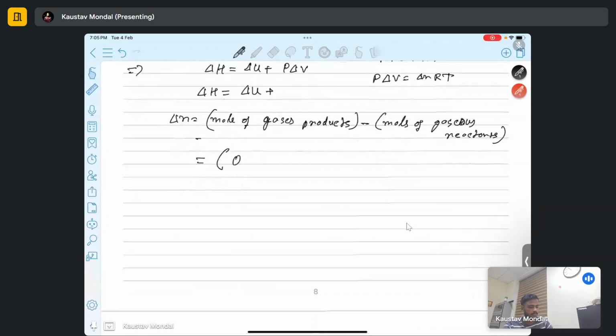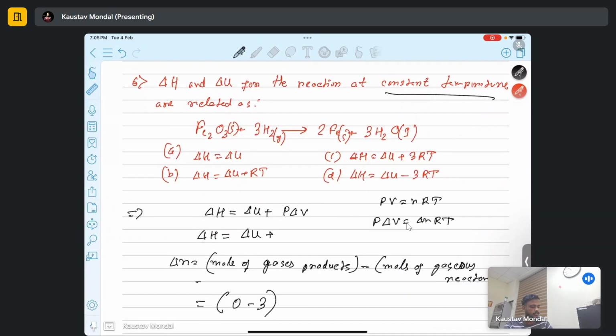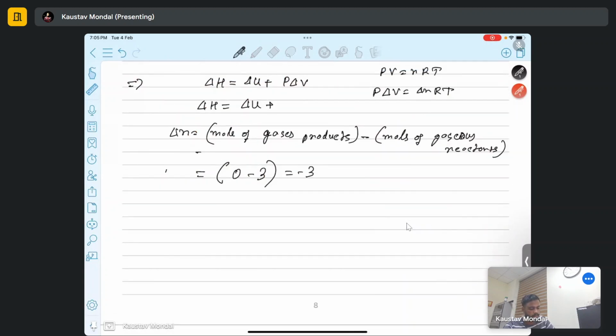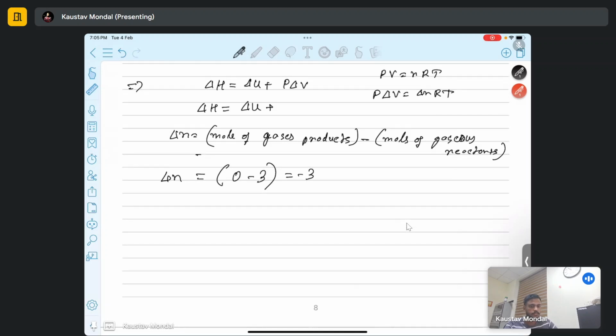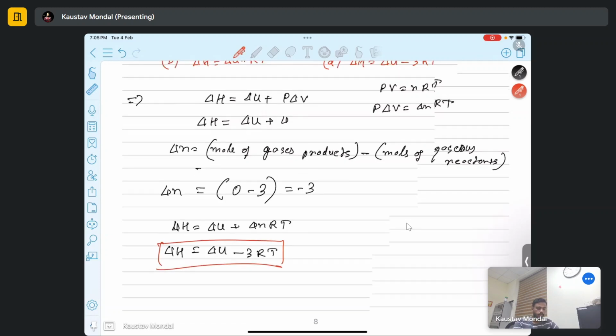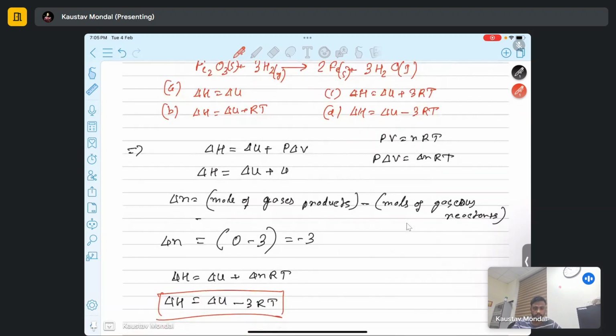So 0 minus 3, because there are 3 moles of H2 in gas, which gives you delta N equal to minus 3. Now if you substitute this into our main formula, delta H equals delta U plus delta N RT, so delta U minus 3RT. This is how change in enthalpy is related with change in internal energy.